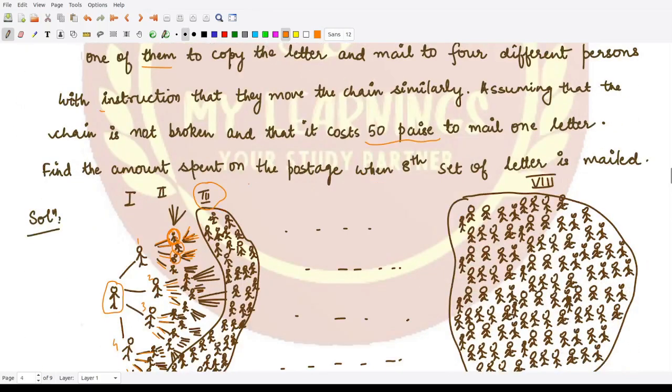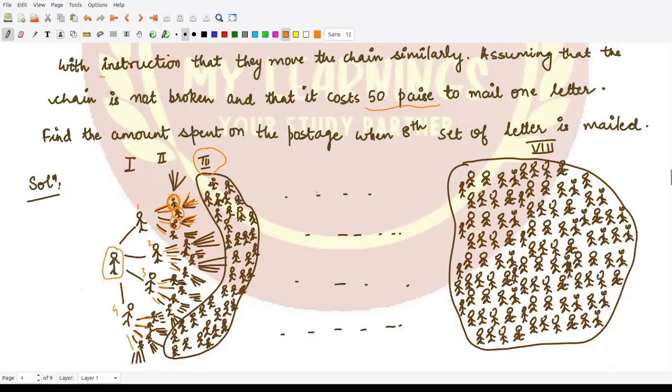So then we have to find the total amount which is spent on the postage when the 8th set of letters is mailed. So that means we have to see how many mails have been posted in this case, and for the posted mails we have to calculate the cost according to 50 paisa per mail, correct? So this is the question.